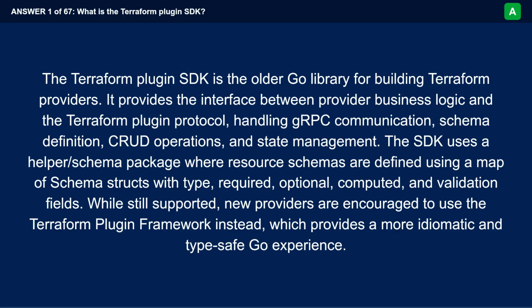The SDK uses a helper/schema package where resource schemas are defined using a map of schema structs with type, required, optional, computed, and validation fields. While still supported, new providers are encouraged to use the Terraform plugin framework instead, which provides a more idiomatic and type-safe Go experience.